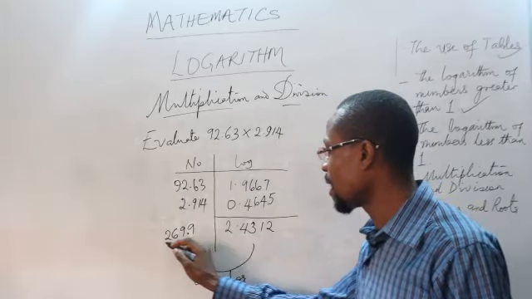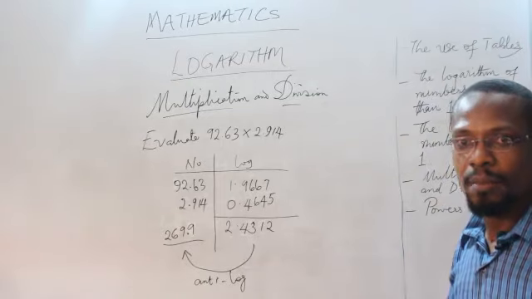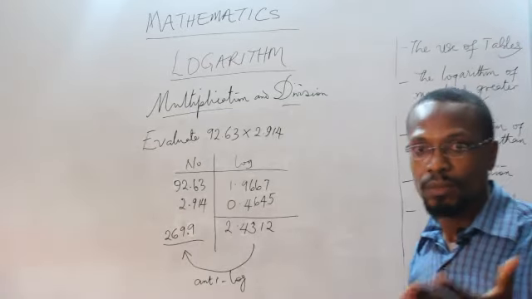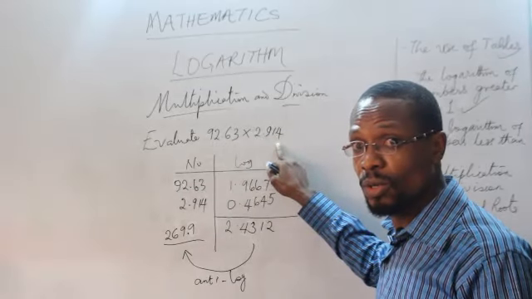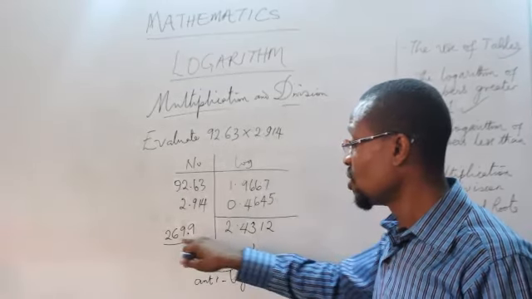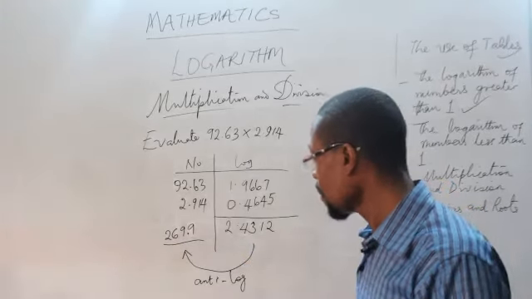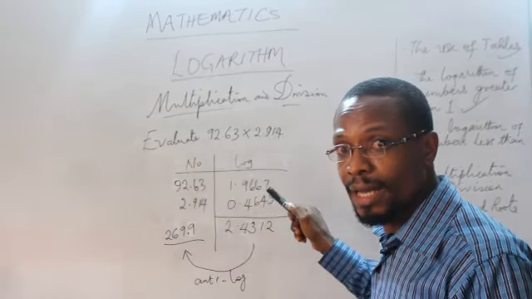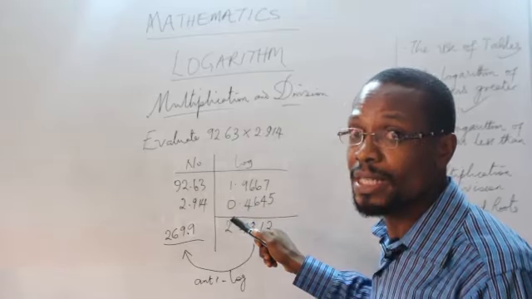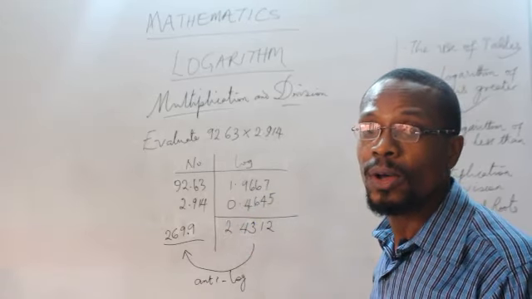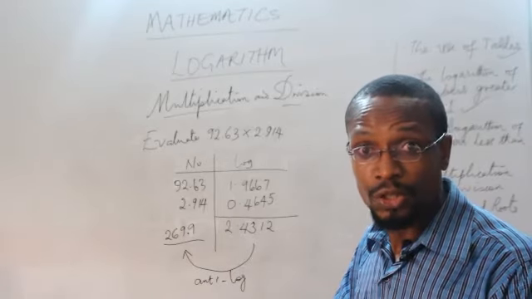So our final answer is 269.9. So when you multiply this number using your calculator or any other means, your final answer is going to be 269.9. This, like I mentioned at the beginning, was the method used 3 centuries before the arrival of the calculator that you now press.